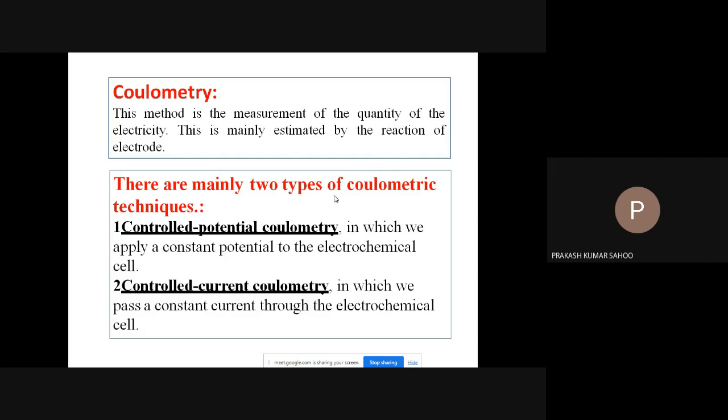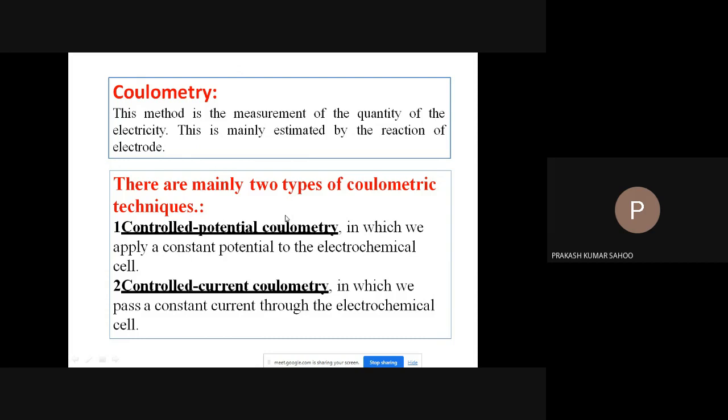Then we have coulometry. This method is a measurement of the quantity of electricity. This is mainly estimated by the reaction at the electrode. So this will be just an alternative to our ammeter. Where current is measured in an ammeter, in a coulometer the total electricity will be measured mainly from the reaction at the electrodes.